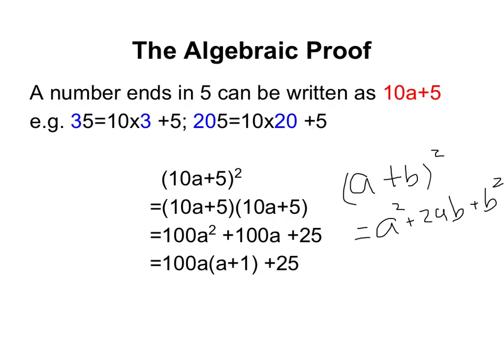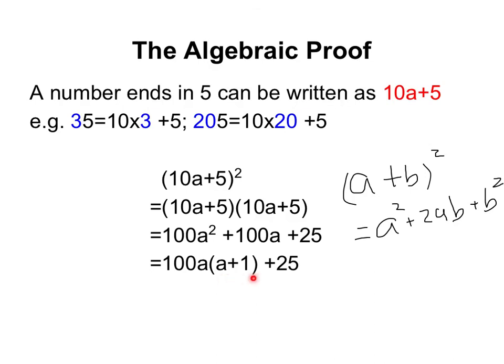Now what's so interesting about this line here? We see that this number ends with 25, and in this part, you see a and a plus 1. Now remember, a is the number we're talking about. Like in the example of 35, a would be 3.